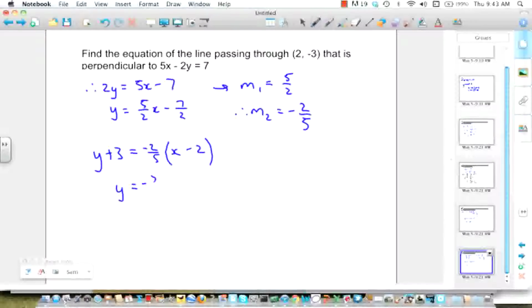So it's minus 2 on 5x, and I'll end up with plus 4 on 5, and then I have to minus 3 on 3, which is 15 on 5.